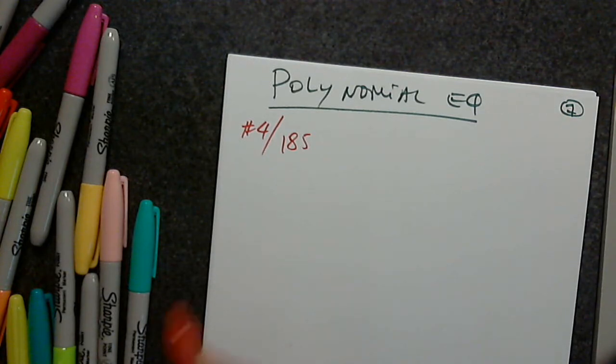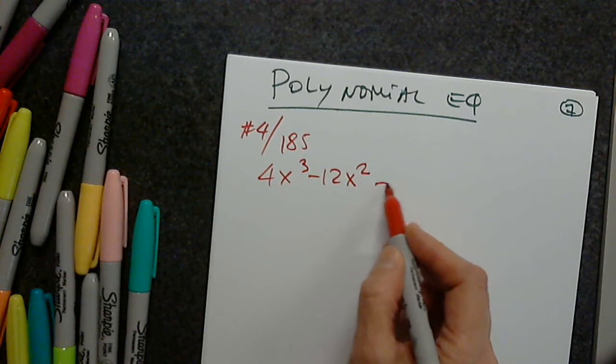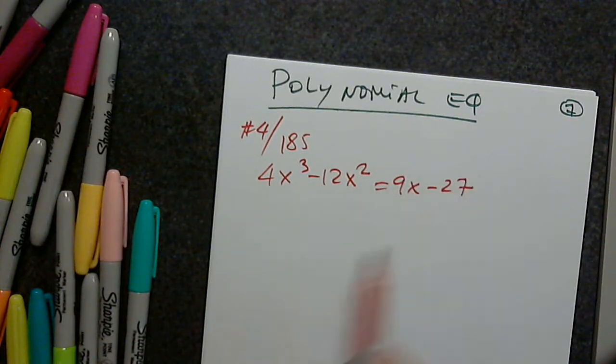I have 4x cubed minus 12x squared equals 9x minus 27. What type of equation is this? Is it linear? Is it quadratic? Is it rational? Does it have a ratio? No. Look at the title.